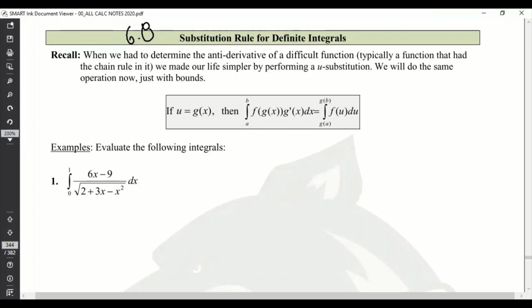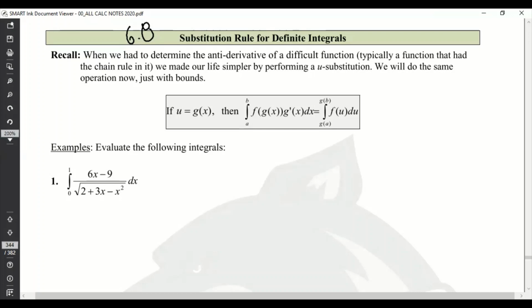And if we have a look at it and try to decide, okay, if this is going to be our u, when I differentiate that, is that another piece of our integral here that's going to divide out? That often ends up being the case, that it's set up like that. So we are going to be able to divide some stuff out.